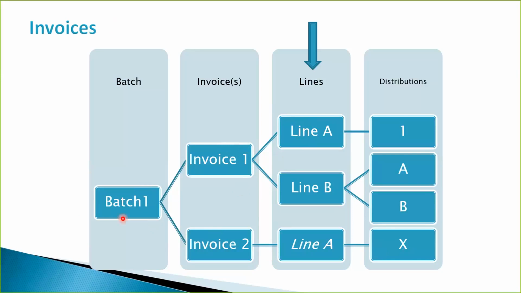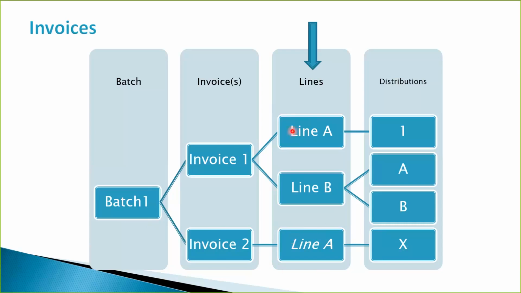So we have the batch, we enter the invoice, then the invoice will have one line. At the line level, we enter a distribution account, okay? And that distribution account is filled down to the distribution screen. So if you go to the distribution screen, then you will see the account that you entered at the line level.